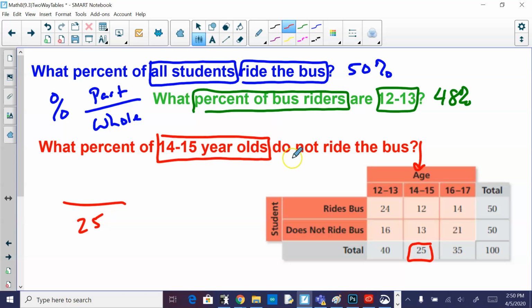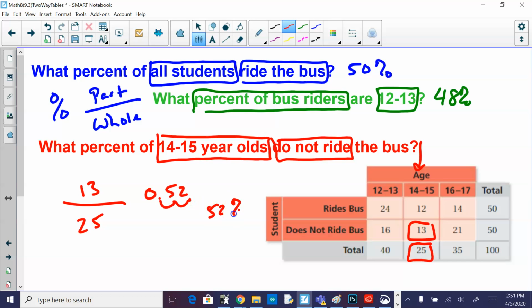And then it's saying what part of that whole do not ride the bus. I think in our table, that's that number, 13 do not ride the bus. So our fraction is 13 out of 25. If we put 13 divided by 25 into a calculator, we would get 0.52. Move our decimal over 2 places. That would be 52% of 14 to 15-year-olds do not ride the bus.